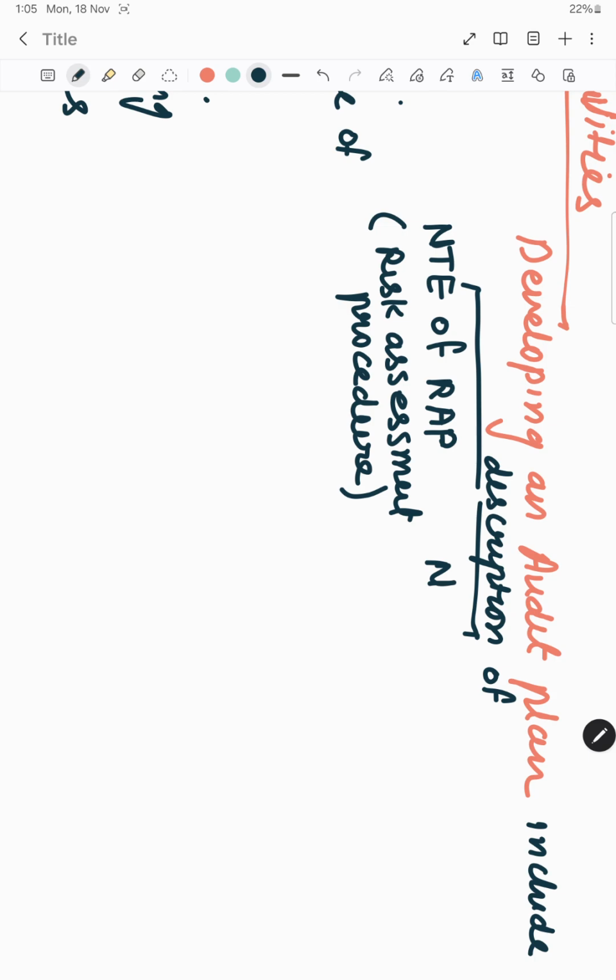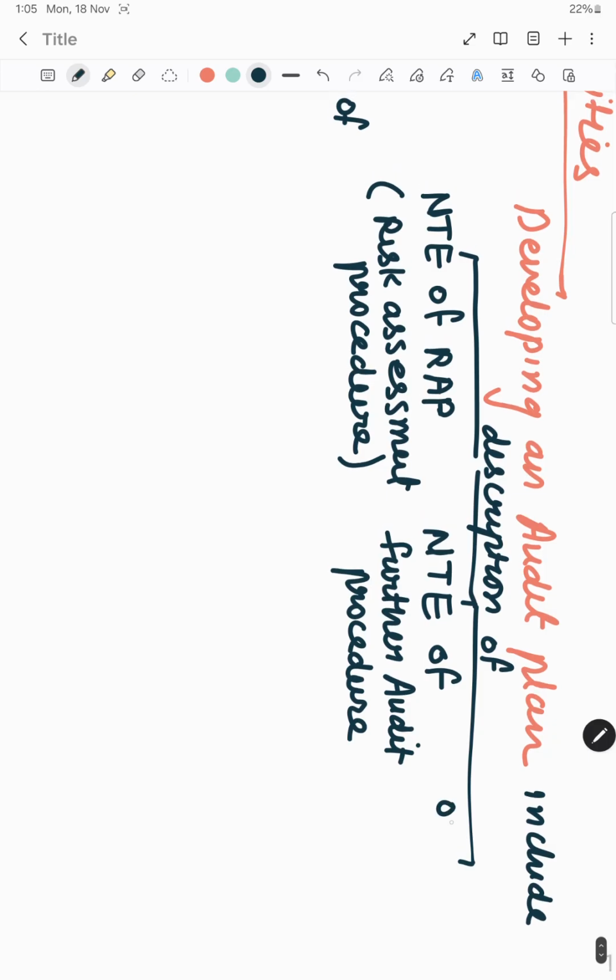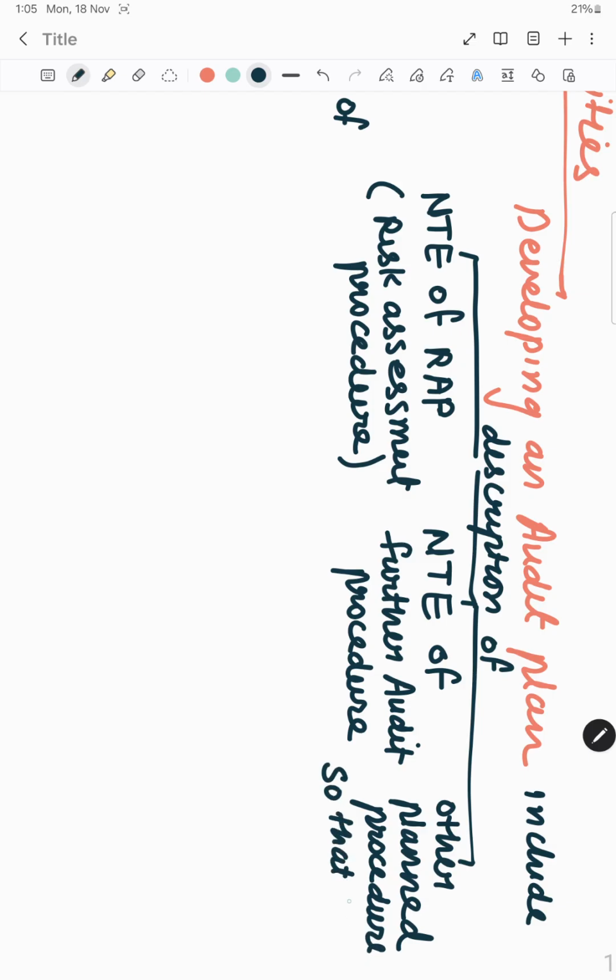Nature, timing, and extent of further audit procedure and other planned procedure so that audit complies with the standard on auditing.